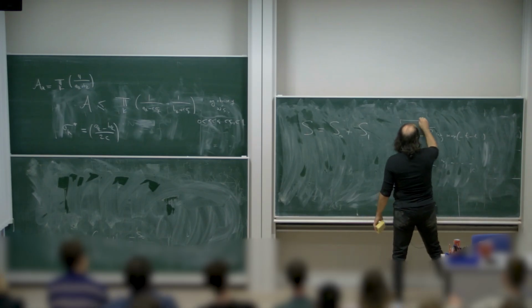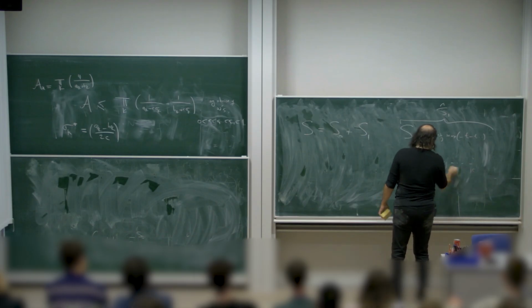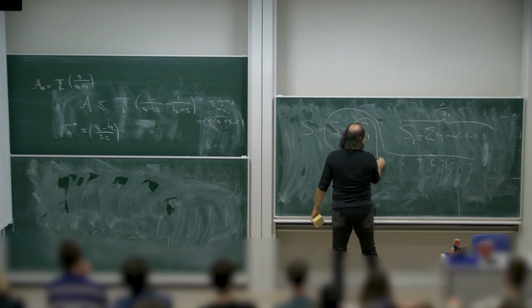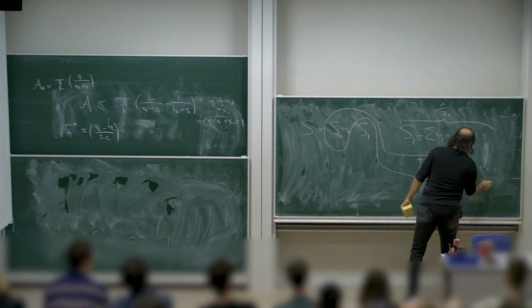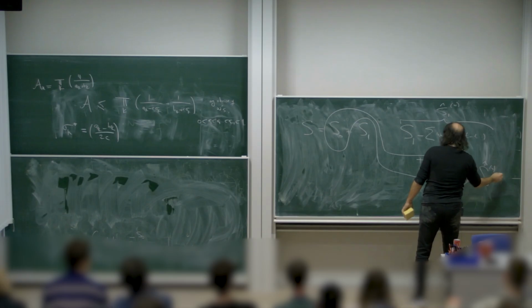I'm going to call this whole thing S1 hat, the piece where everyone is decoupled. This and S0, I'm going to call S0 hat. These will depend on the choice of weights.